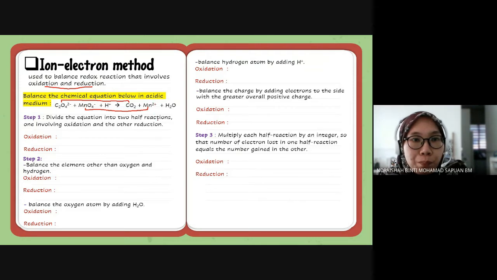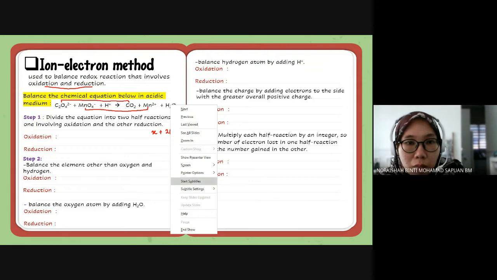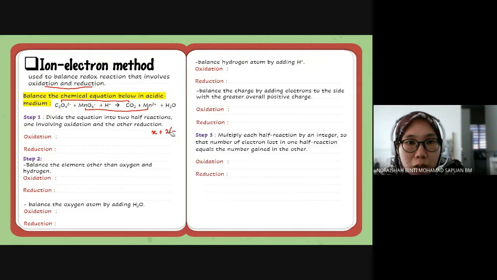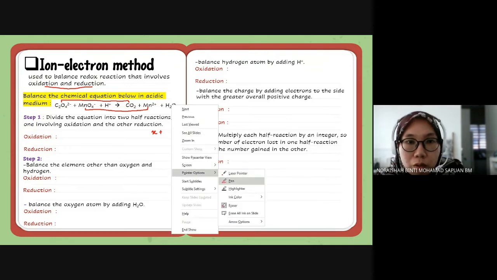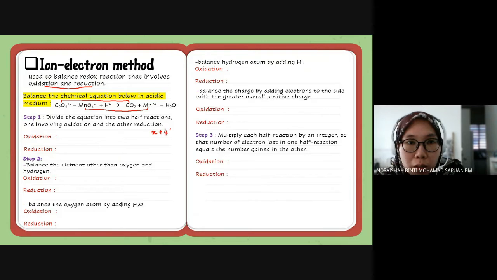Okay, so to count, you can calculate. Let's say kita kira di sini Mn is X plus 4 times negative 2. Negative 2 is oxidation number for oxygen. Yang ni memang fix dan semua orang wajib tahu.